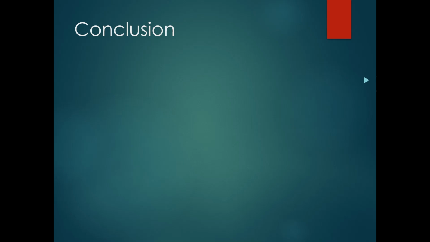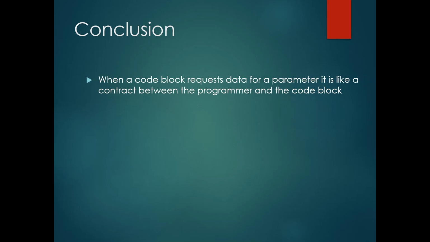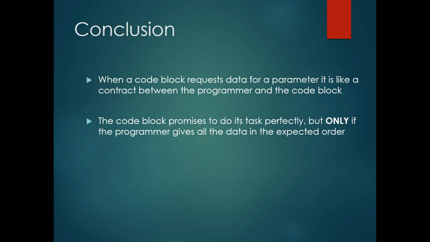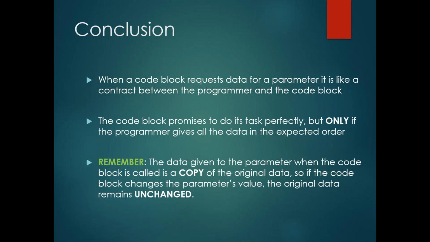Good. Final conclusion here. When a code block requests data for a parameter, it's like a contract, as I said, between the programmer and the code block. We have to satisfy that contract. Okay? Now here's the big thing. Take this away, memorize it, please. The data given to the parameter when the code block is called is a copy of the original data. So if the code block changes the parameter's value, remember the parameter is just a variable, just like any other variable.